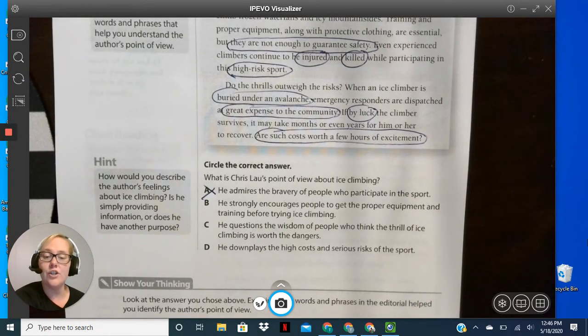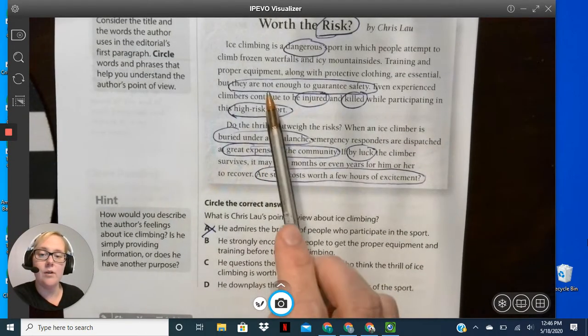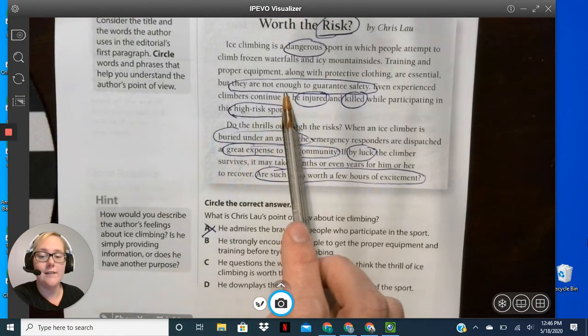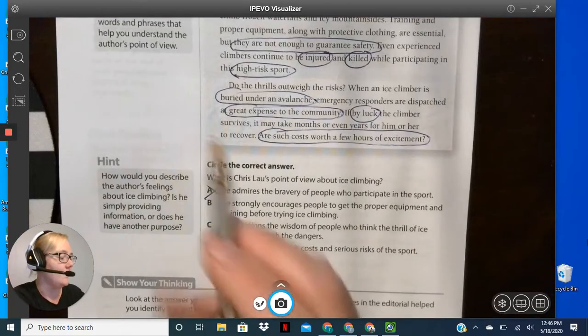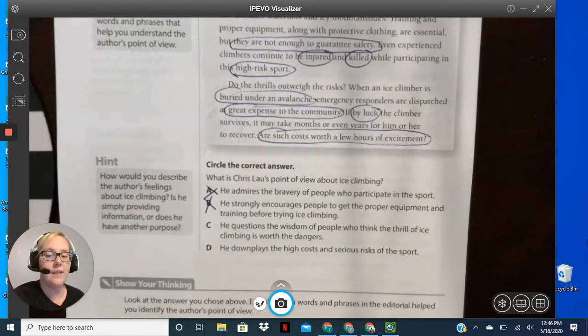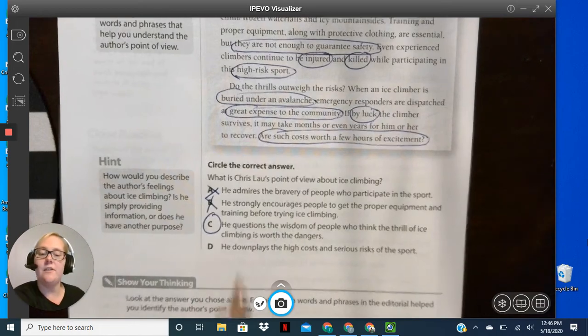B, he strongly encourages people to get proper equipment and training before trying ice climbing. Well, he does talk about training and proper equipment and protective clothing, but he says they're not enough, and he does not encourage anybody to try ice climbing. C, he questions the wisdom of people who think the thrill of ice climbing is worth the dangers. He definitely does that.